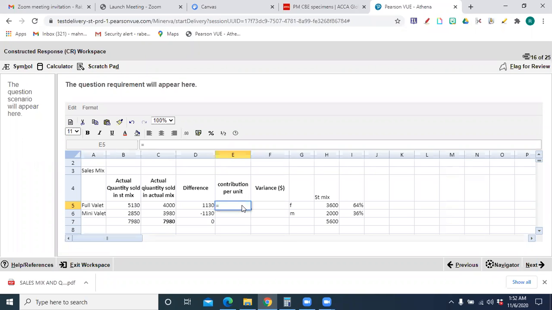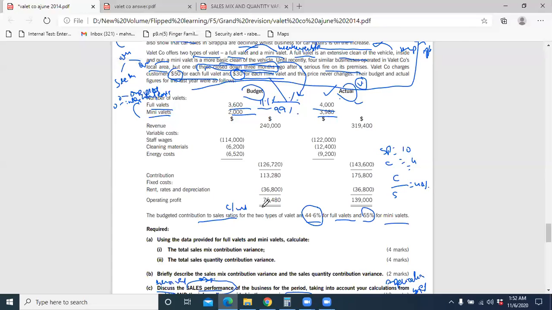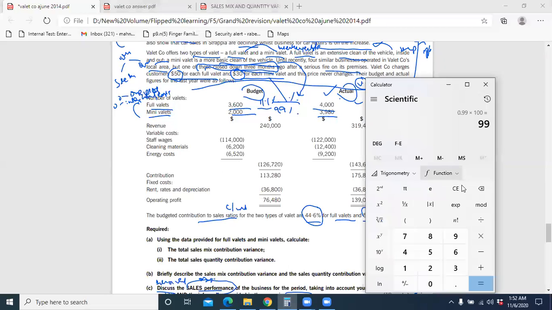For full Valet, it is 44.6 divided by 100, which is 0.446, of the selling price of 50. So the contribution per unit for full Valet is 22.3.